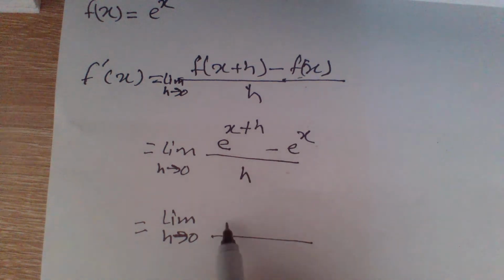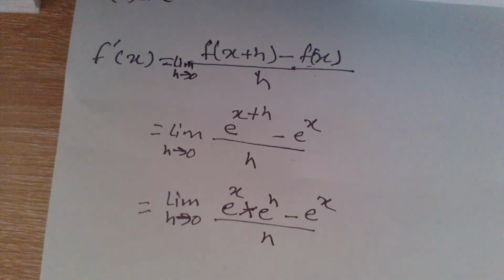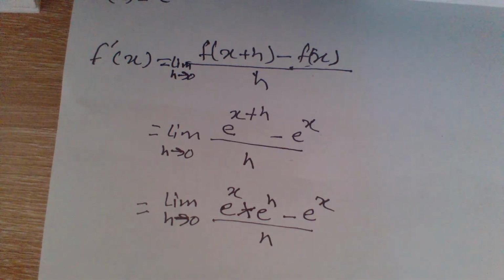So I'll write this again: e to the power of x times e to the power of h minus e to the power of x, over h. Now it's easier to solve because we can take out the common factor, just like in 2x plus x, we take the x outside.